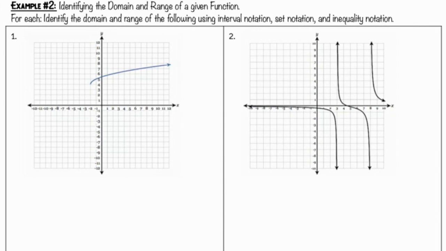For this first one, I'm going to look at what I have. I have a square root function, and my function starts and goes on forever, right? It starts at that point, looks like -2, 4, and goes on forever on the right side.